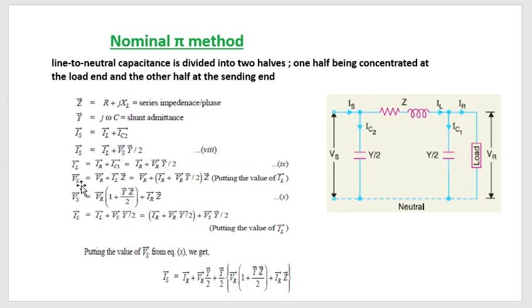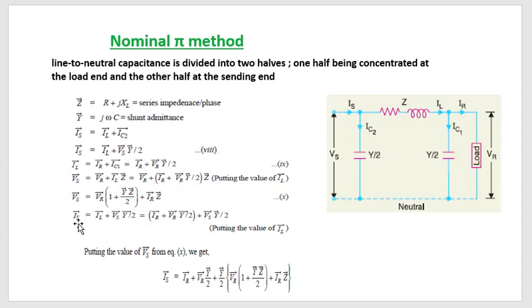Now the expression for Vs is equal to VR plus IL into Z, where VR plus the value of IL is IR plus VR into Y divided by 2 into Z. We just have substituted the value of IL in this equation, and now what we get is Vs is equal to VR into 1 plus YZ divided by 2 plus IR into Z, and we name it as equation number 10.